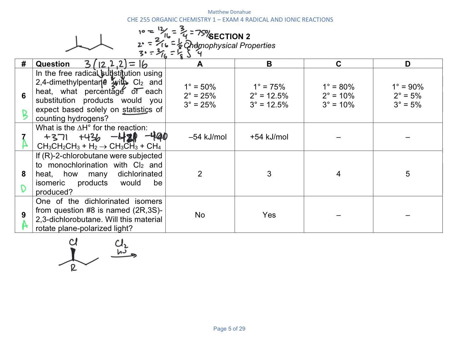So again, the first thing to do is figure out from the starting material how many unique sets of H, and we can count 1, 2, 3, 4. So there's 4 sets. They're going to be a ratio of 3 to 1 to 2 to 3.